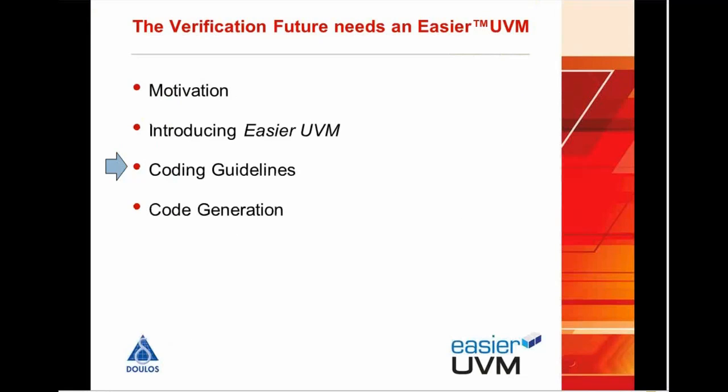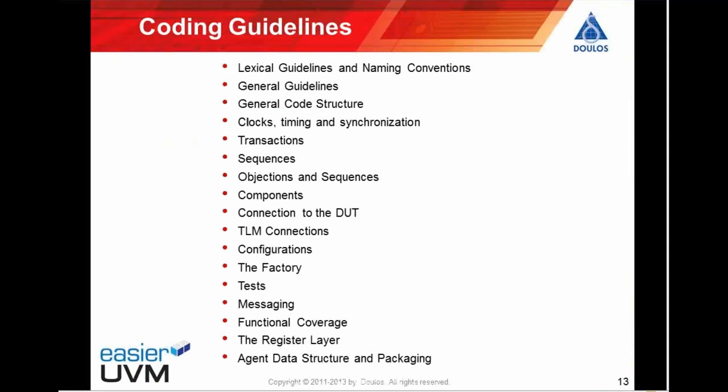Okay, with respect to the coding guidelines, this is a list of the sections we have in our coding guideline document. If you look at the details, there's nothing which is really revolutionary.